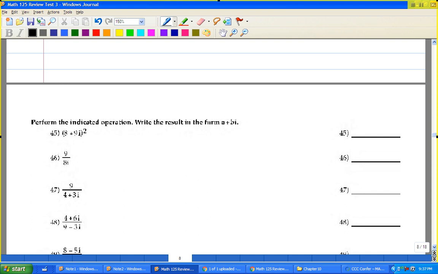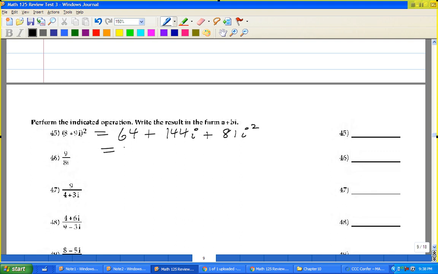Okay, so by the special product formula, this is a perfect square trinomial formula. And so this is equal to 8 squared, 64, plus 8 times 9i, 72i, times 2, 144i, plus 9 squared is 81, i squared.